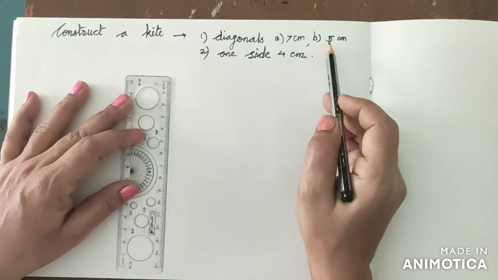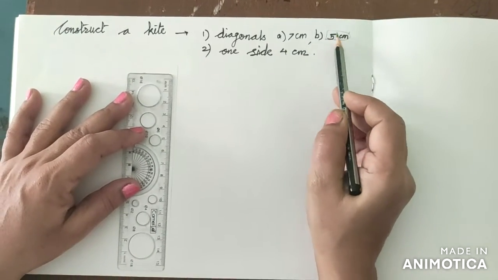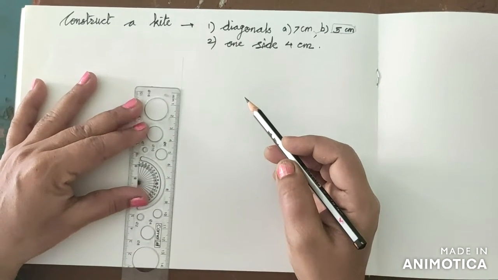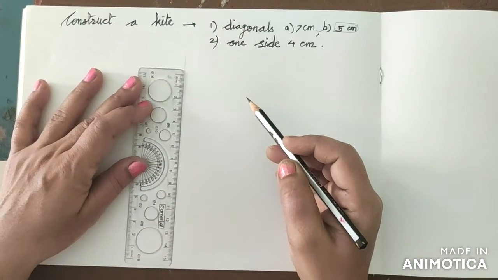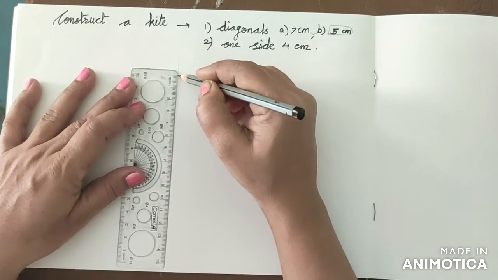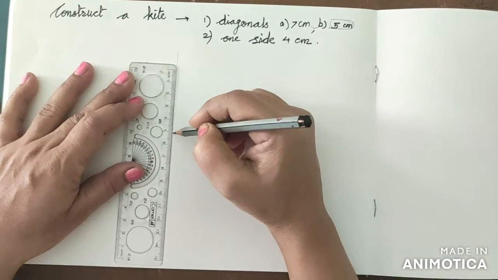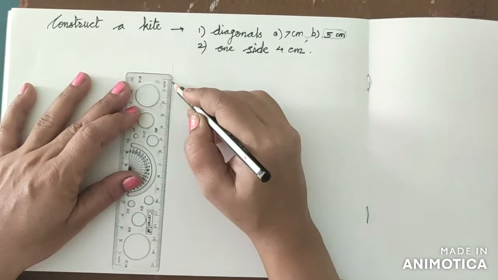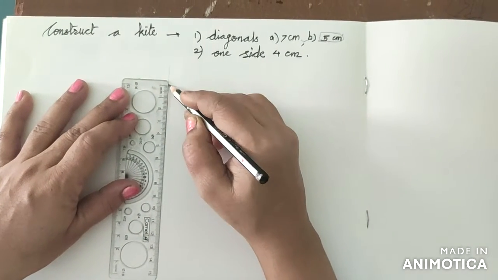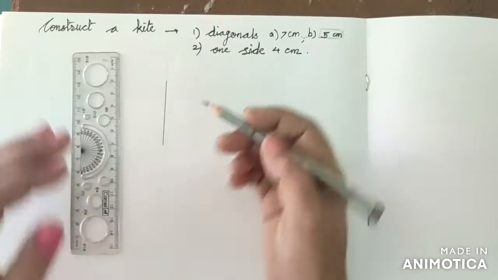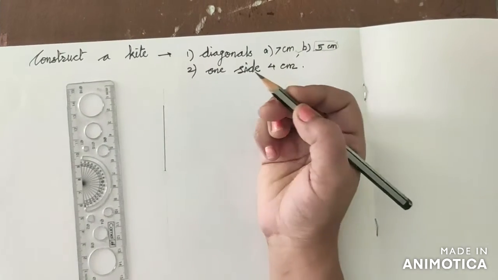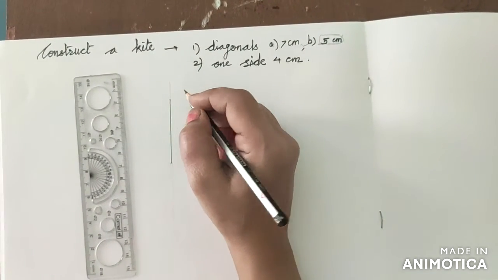And measure the 5 centimeter diagonal, the small diagonal, at first. This much. Okay, now let's name them.